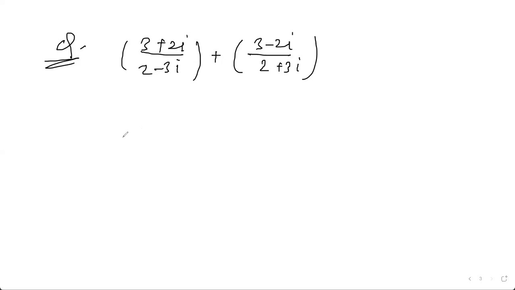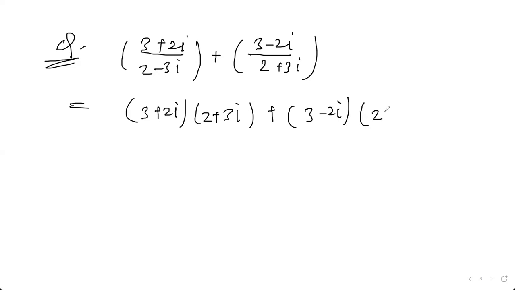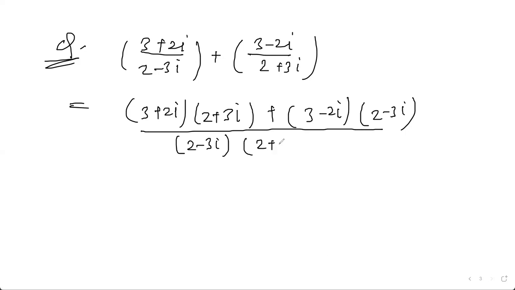We have to show that this is purely real. So let's evaluate this. We can write it as (3 + 2i)(2 + 3i) plus (3 - 2i)(2 - 3i), divided by (2 - 3i)(2 + 3i).